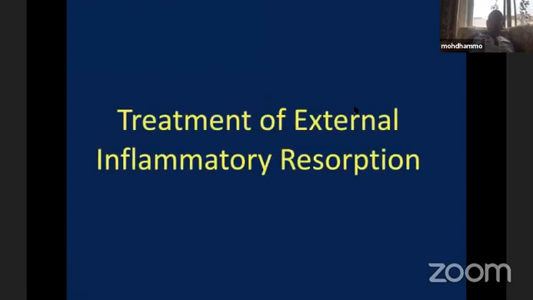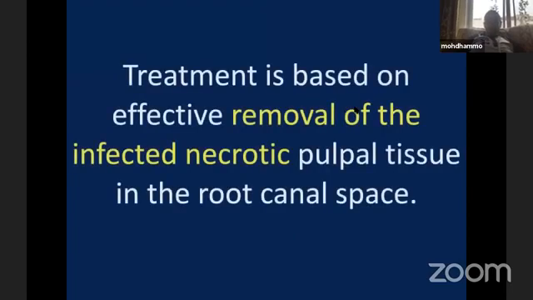What about the treatment of external inflammatory resorption? The treatment is based on effective removal of the infected necrotic pulp tissues in the root canal. So the first thing you have to remember, I have to start root canal treatment to eliminate the source of infection.